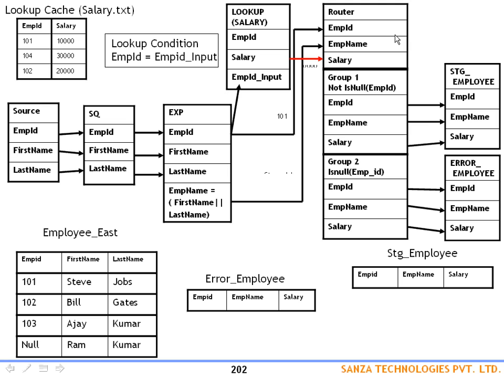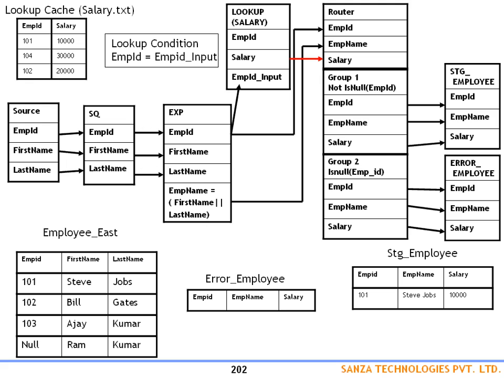Second record comes in, 102 Bill Gates. 102 scans the cache, based on the condition it exists, so it returns the corresponding salary, and 102 with concatenated first name and last name from your expression goes to your router, checks the condition, not null, and goes to the stage employee table.